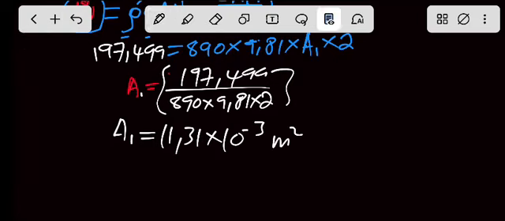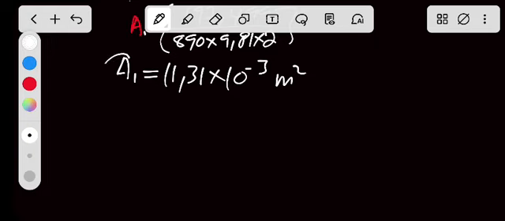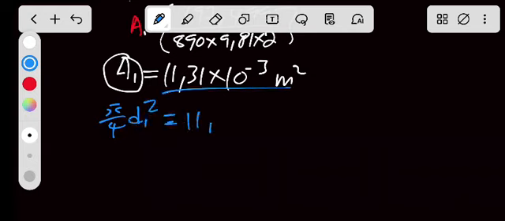That is the area, but we want the diameter. We know the area is the same as pi over 4 d1 squared, so it will be equal to 11,31 times 10 to the power of minus 3. Then I want the diameter.